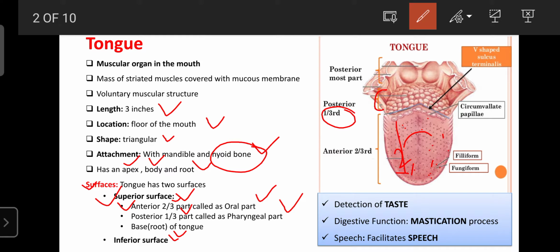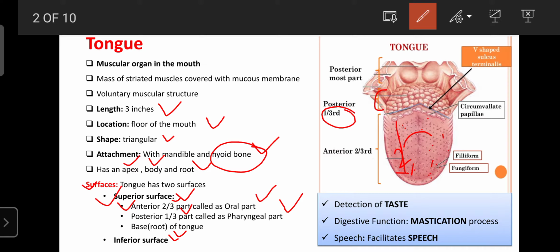And as well as that, the posterior part also consists of the lingual tonsils. Okay, so these tonsils are also considered the storehouse for T lymphocytes. T lymphocytes are a special type of WBC. Those are involved in cell mediated immunity.